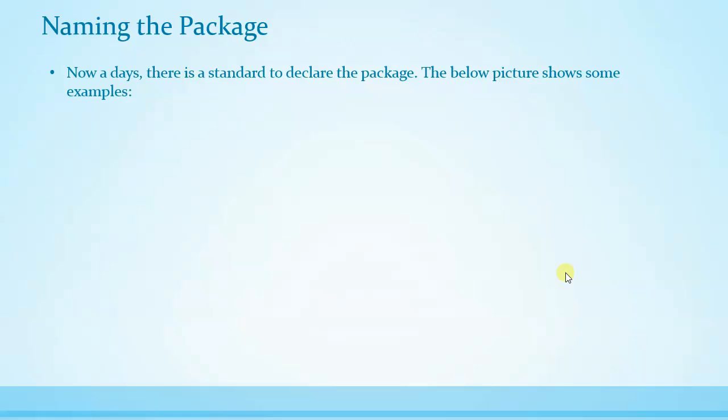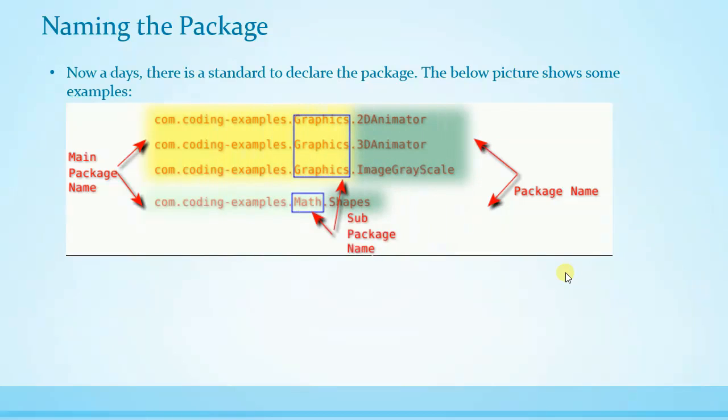Now we will look at how to name a package. Nowadays there is a standard to declare packages, and all the organizations are following this standard. The picture below shows some examples. The very first part is the reverse order of the website name. If multiple organizations create their own third-party packages, their website or organization names differ.